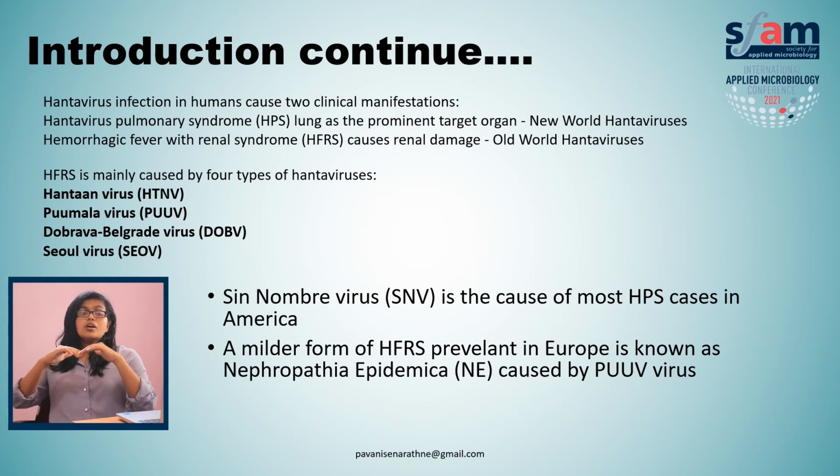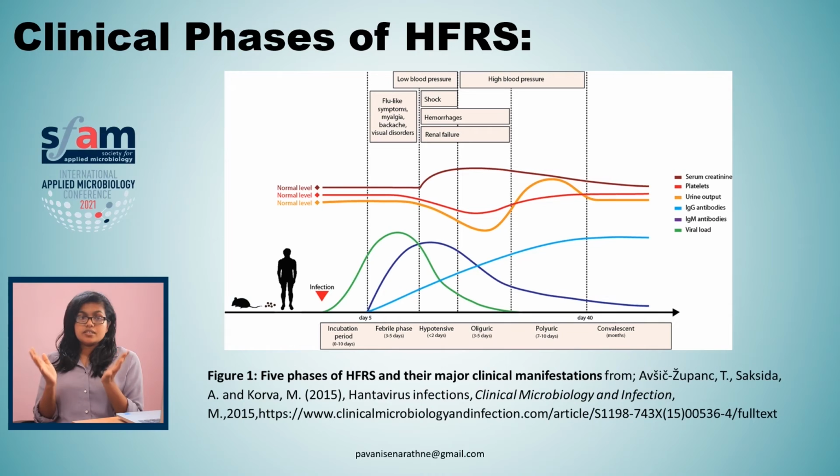So if we move on to the clinical phases of HFRS, HFRS has a 5 to 10 day incubation period, and it has 5 phases: febrile phase, hypotensive phase, oliguric phase, polyuric phase, and convalescent phase.